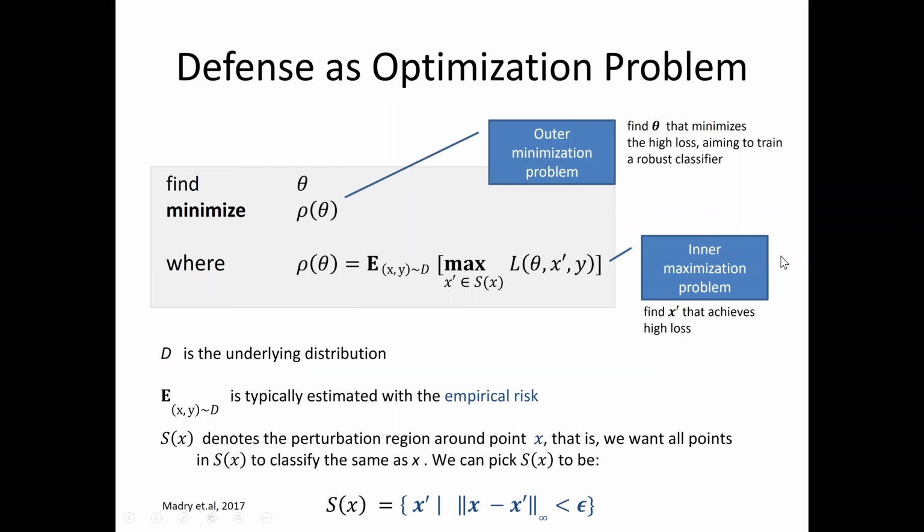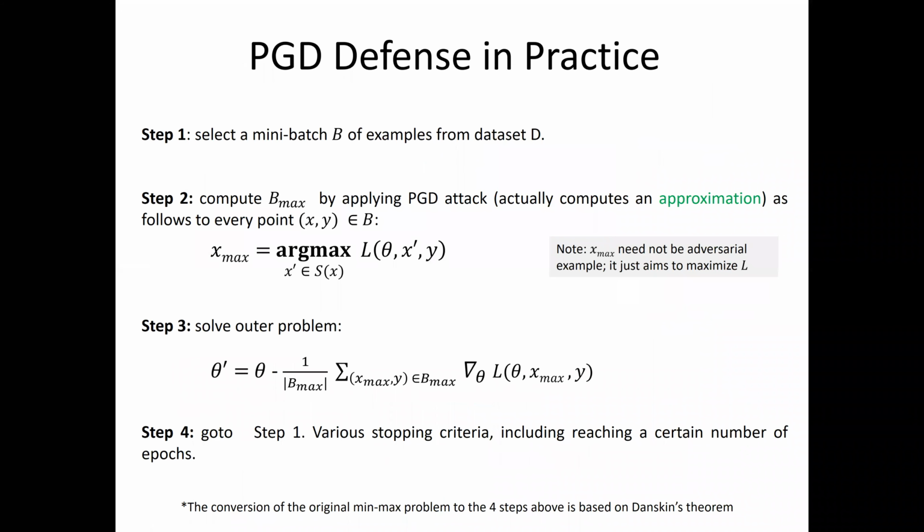All right, so let's see how we solve this min-max optimization problem in practice, which is interesting. Here's the way that it typically gets implemented. It's going to be in several steps. First, we select a mini batch of examples from the labeled data set that we're given, which comes from the underlying distribution.